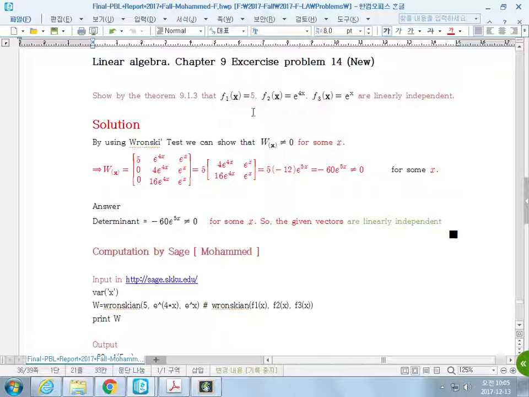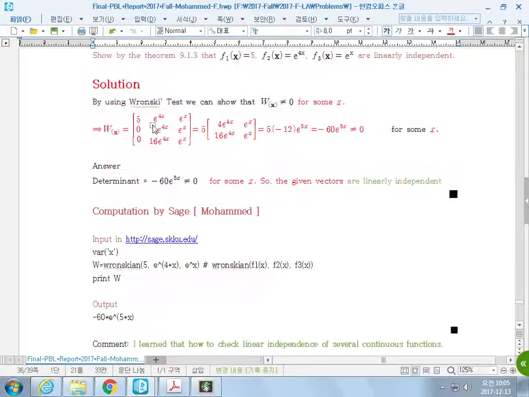So in this one we use continuous functions to determine whether they are linearly independent. By using the Wronskian test, we can show that W(x) is not equal to 0 for some x.